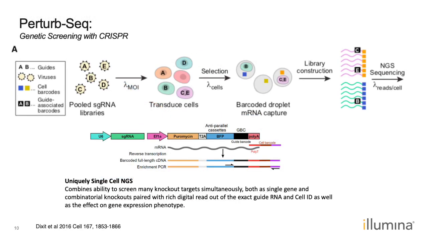Now, in addition to bulk approaches where we're taking our bulk pool of cells, extracting the DNA, and sequencing to count our guide RNAs, there are also single cell approaches that allow us to take this one step further. And so with the single cell approach, you can identify which particular guide RNA is expressed in any one given cell, and as a result, you can also see the full transcriptional profile of that particular cell as well.